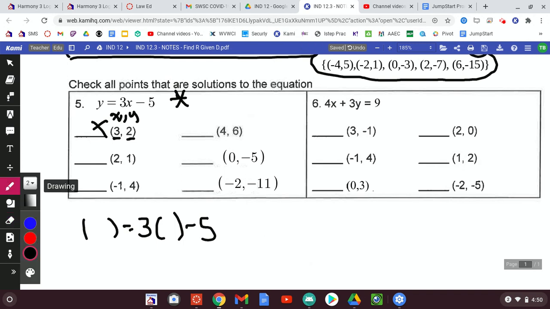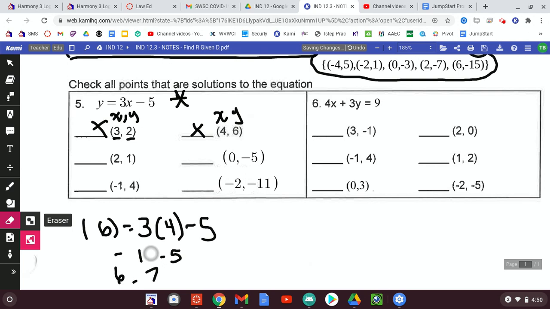So in the y spot, I'm going to put a 6, and in the x spot, I'm going to put a 4, because that's the x and the y of this point here. And I'm going to evaluate it. So 6 equals, well, 3 times 4 is 12 minus 5, and 12 minus 5 is 7. Well, that doesn't work out, so that is not a solution.